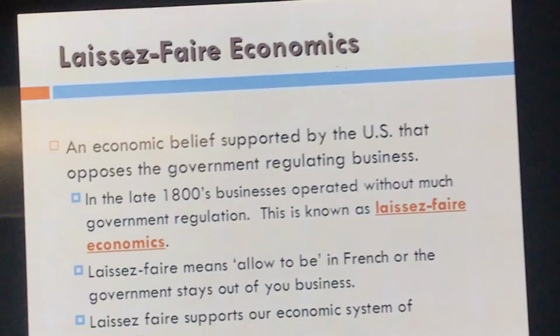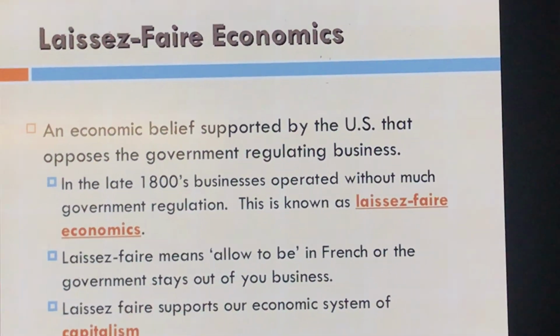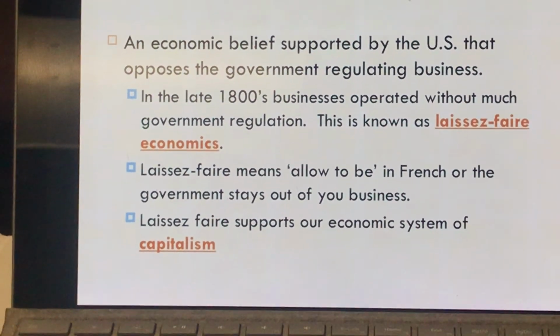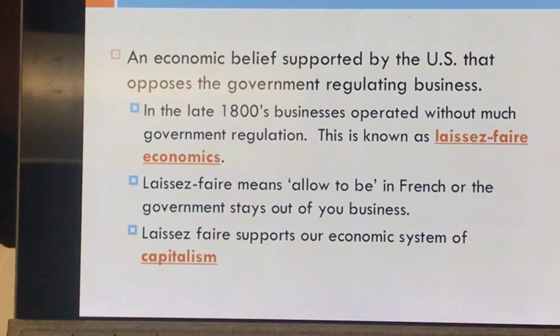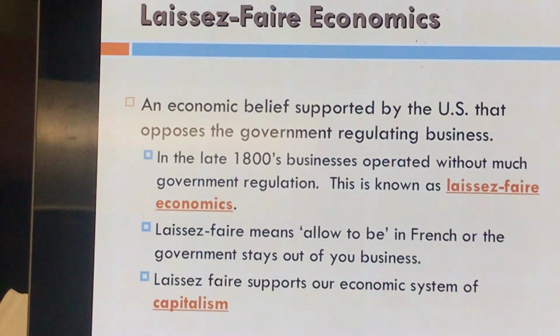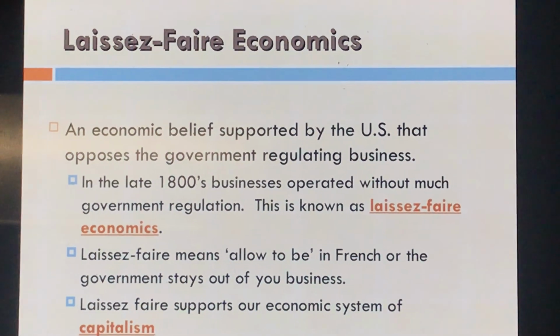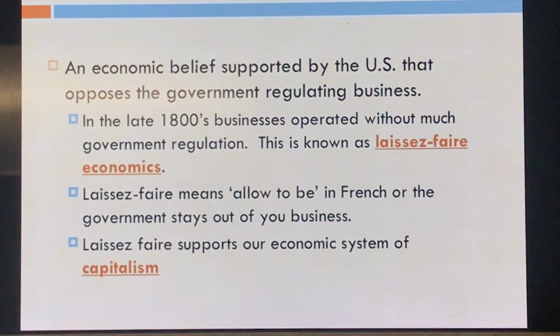Okay, so this is also the time that we see laissez-faire economics. Laissez-faire economics is an economic belief that the U.S. supported, but it opposes government regulating business. Laissez-faire is actually French for let it alone, let it be. In other words, the idea is the government needs to stay out of the economics, stay out of business, and let the market adjust itself as needed.